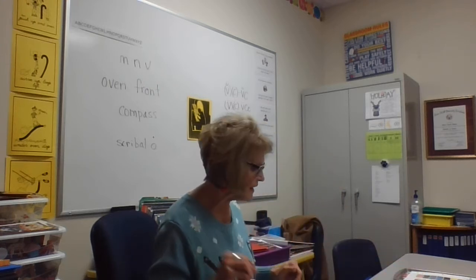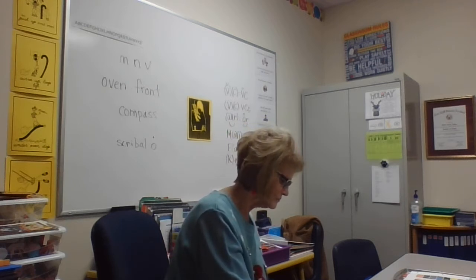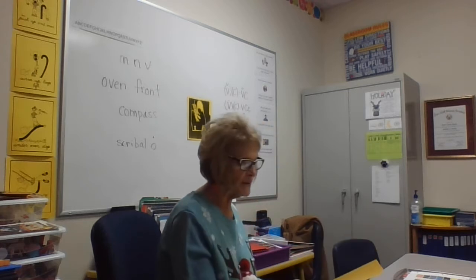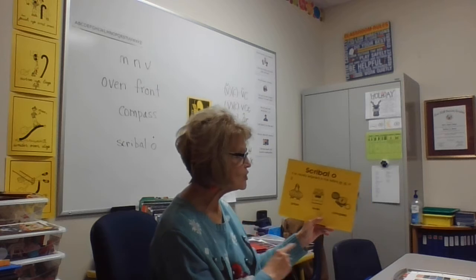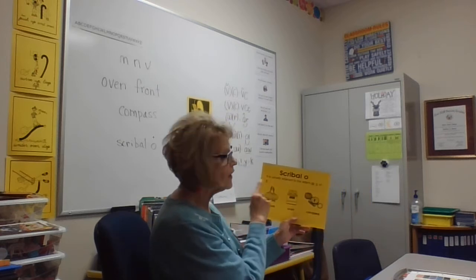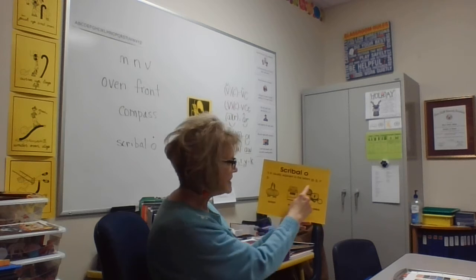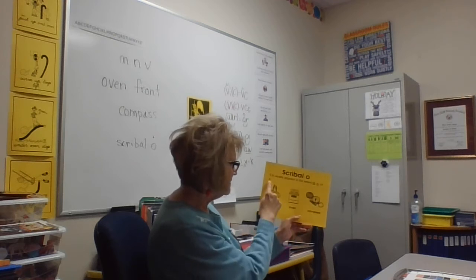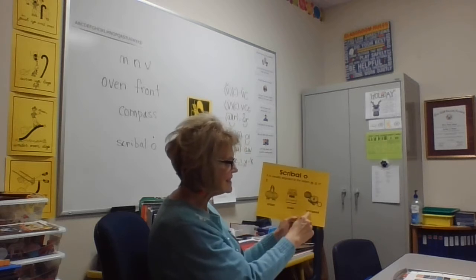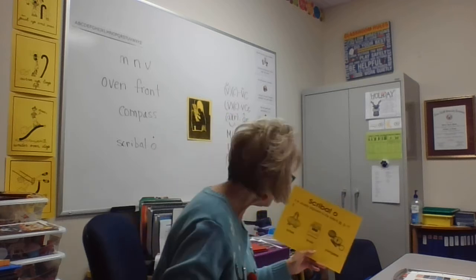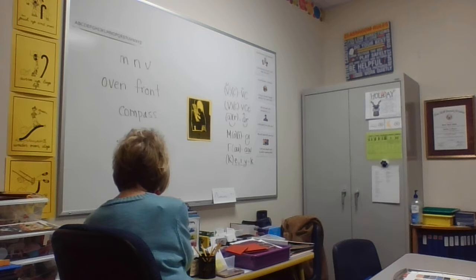Okay, and so we'll have a little poster that I wanted to put up there as well, just to kind of remember. It says Scribal O. It's usually adjacent to M, N, or V. Okay, so we have onion, so that's adjacent to an N. Oven, that's adjacent to a V. And compass, it's adjacent or right beside an M. Okay, so not every O is going to make the sound, but sometimes it does.